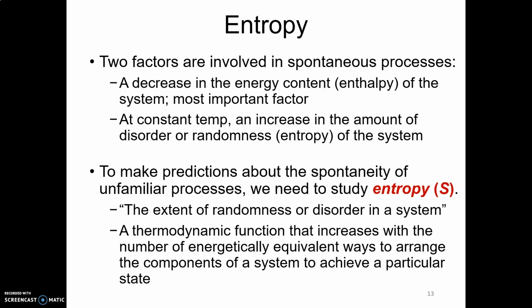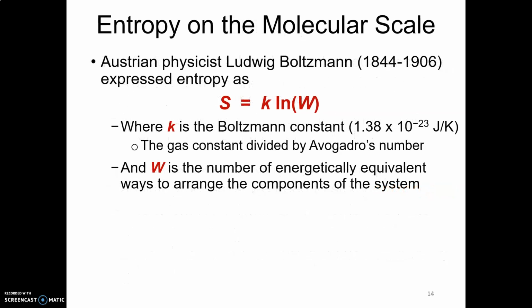Right now, we spent a large portion of the first chapter on thermo talking about H, enthalpy. Now we need to talk about S, entropy, a lot more as well, right? So entropy is defined by Austrian physicist Ludwig Boltzmann.